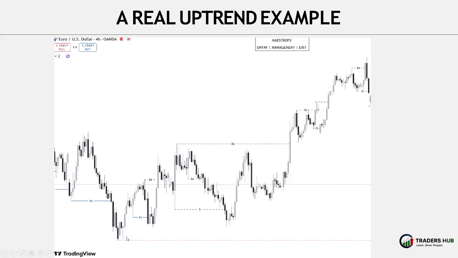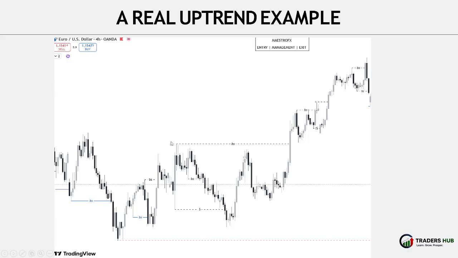The price printed a low. After this low, you can see that the price pushed ahead to a higher high.